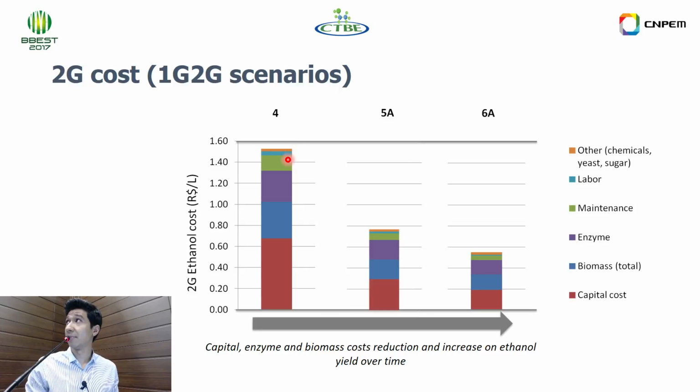That's why maintenance is so high in second generation ethanol. So if capital, enzyme, and biomass costs actually reduce over time, capital costs will be dramatically reduced, also biomass and enzyme, and that scenario will make possible the situation where second generation is more attractive than first generation.